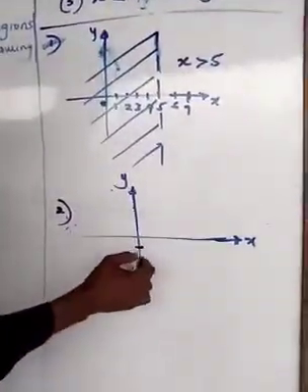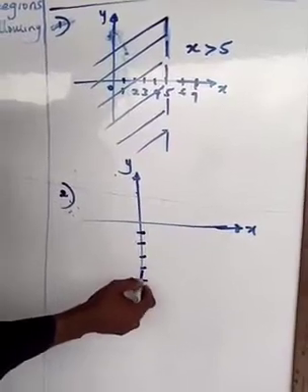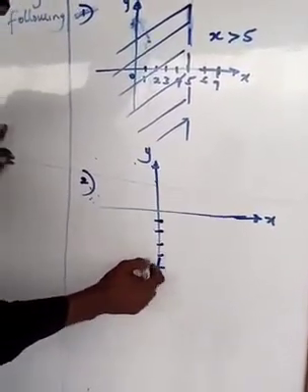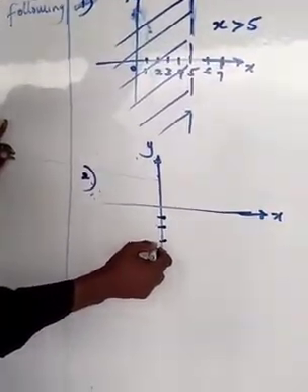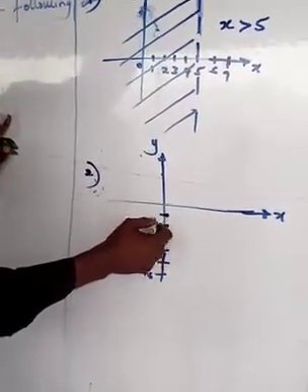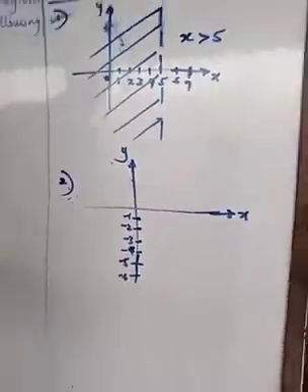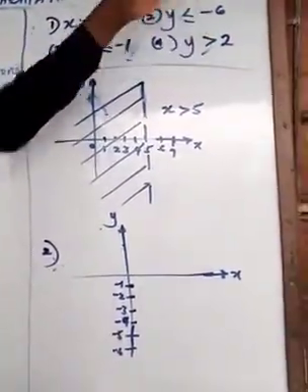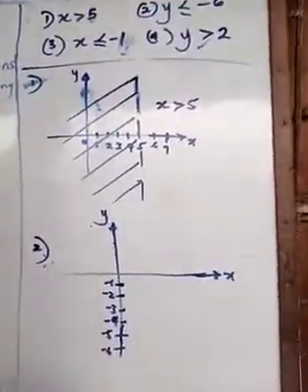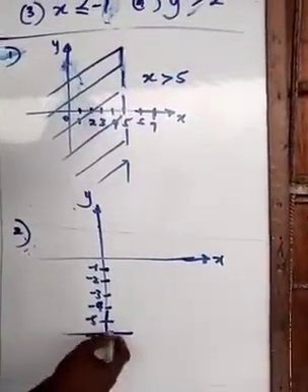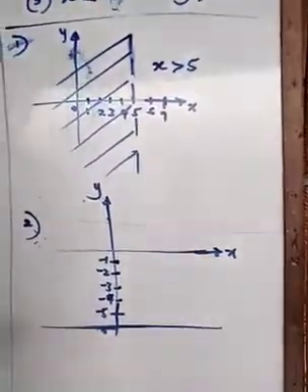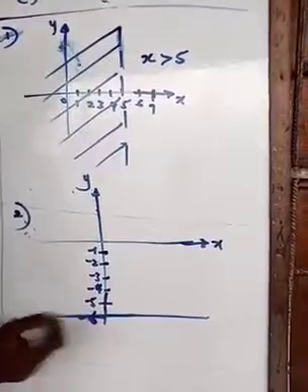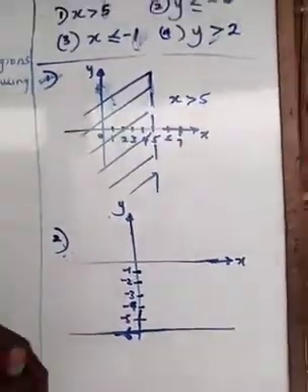So this is minus 6, minus 5, minus 4, minus 3, minus 2, minus 1. I'm not really scaling this, I just want to show you something. So this is less than or equals to, so you draw a continuous line passing through minus 6.